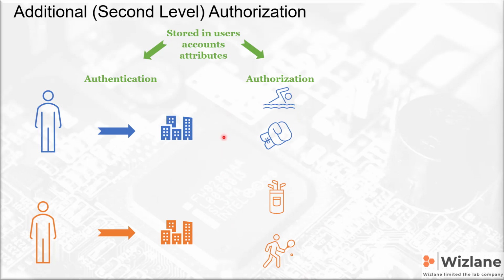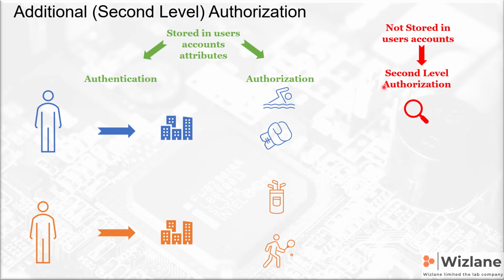But sometimes the account attributes do not have all the details that we need for that user to be fully authorized. Example of this, I might need to have some other resources. We call this second level authorization. This is information that is not stored in the account attributes.